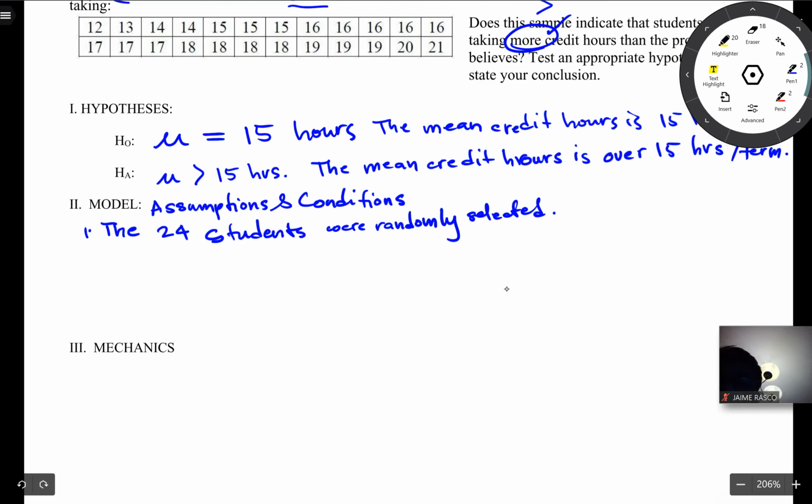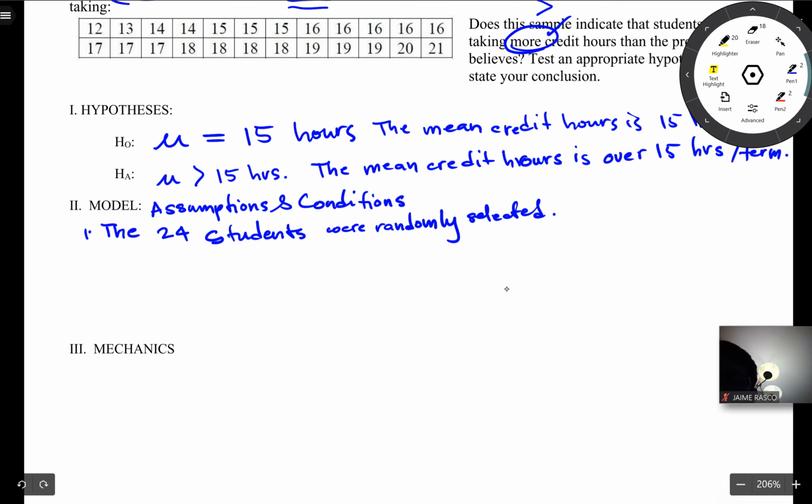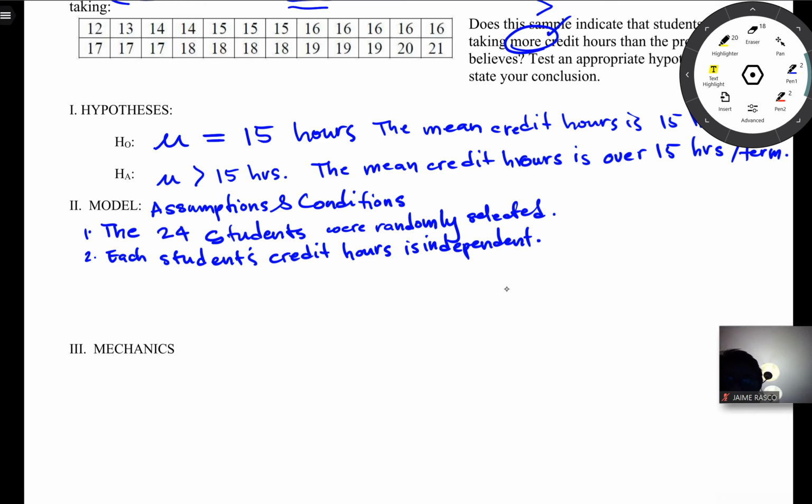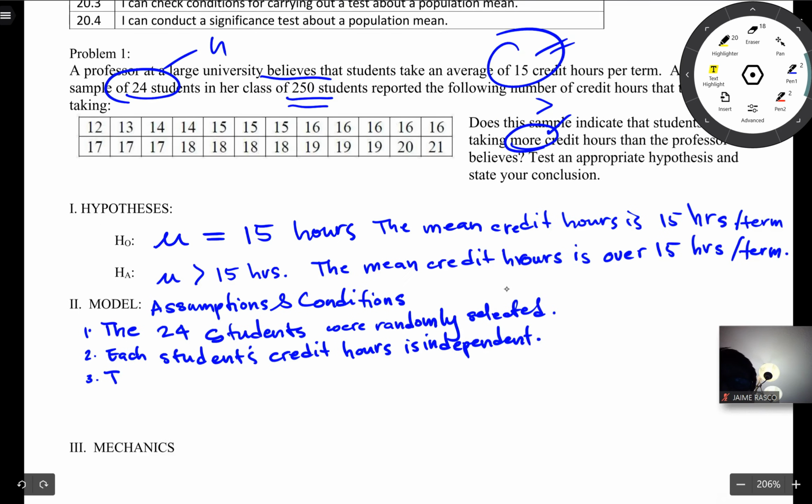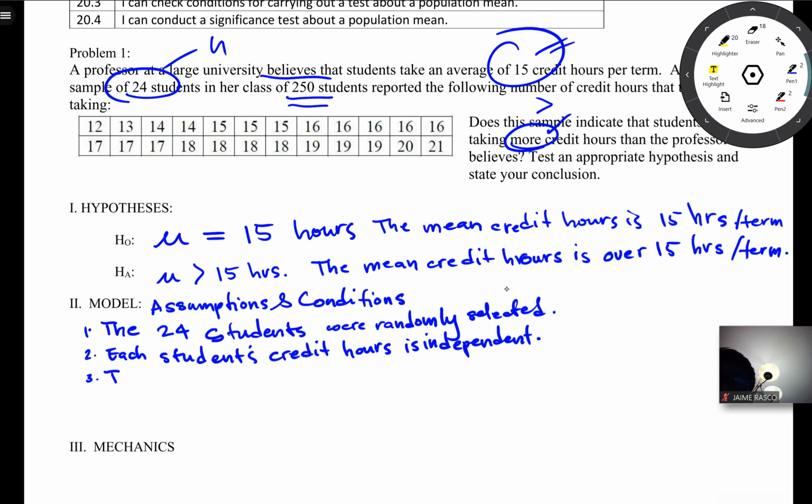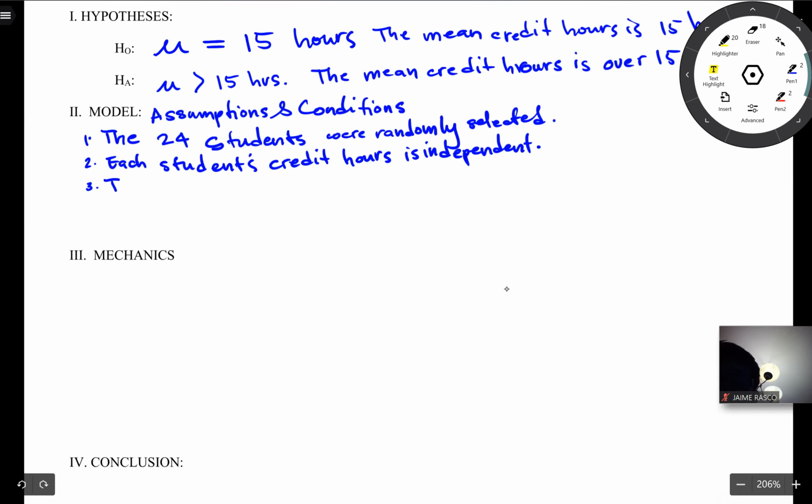Okay, the 24 students were randomly selected. Number 2 is each student's credit hours is independent. Then number 3, we've verified a while ago that the 24 students is less than 10% of 250 right here.